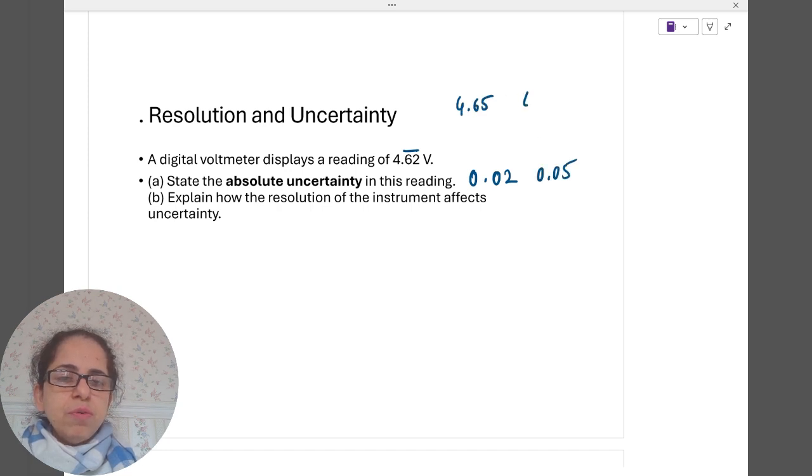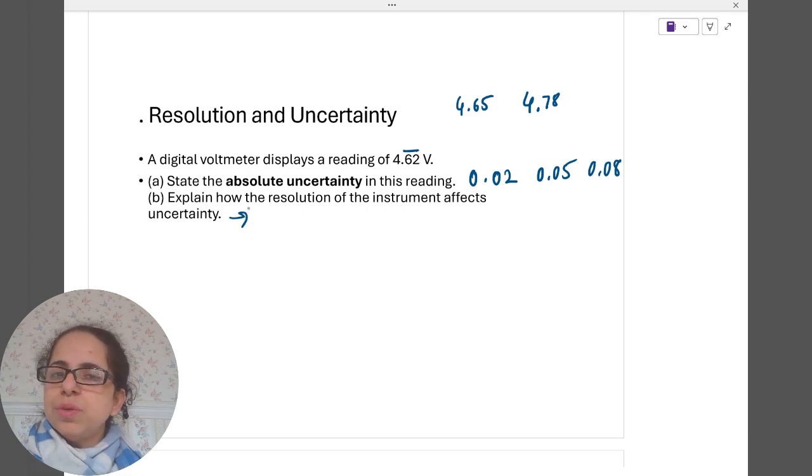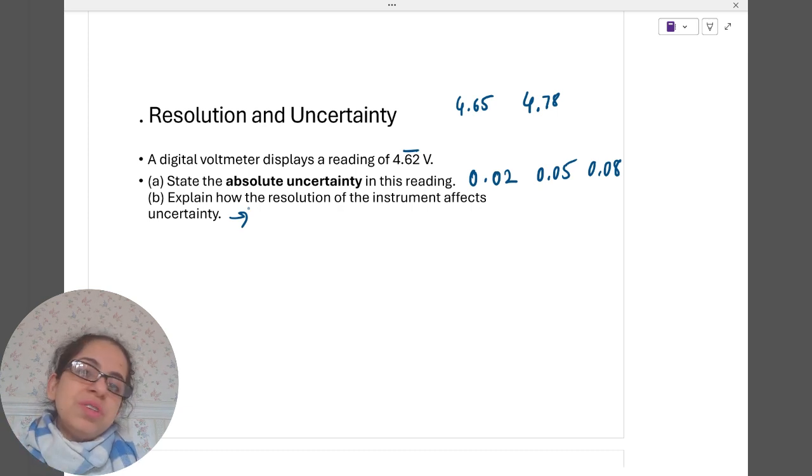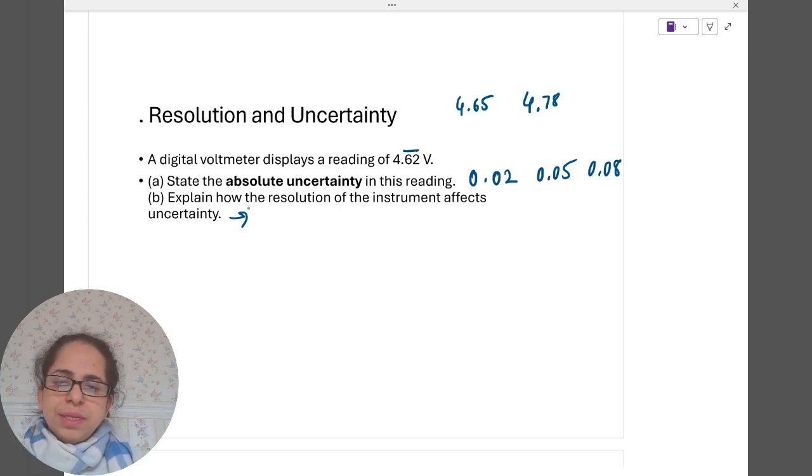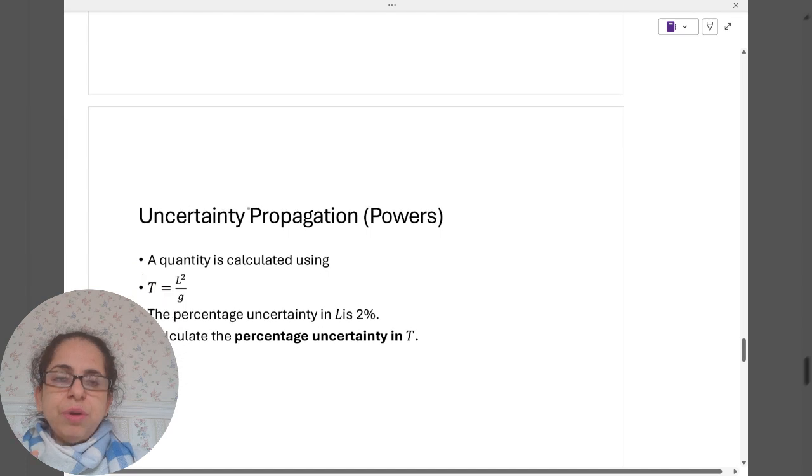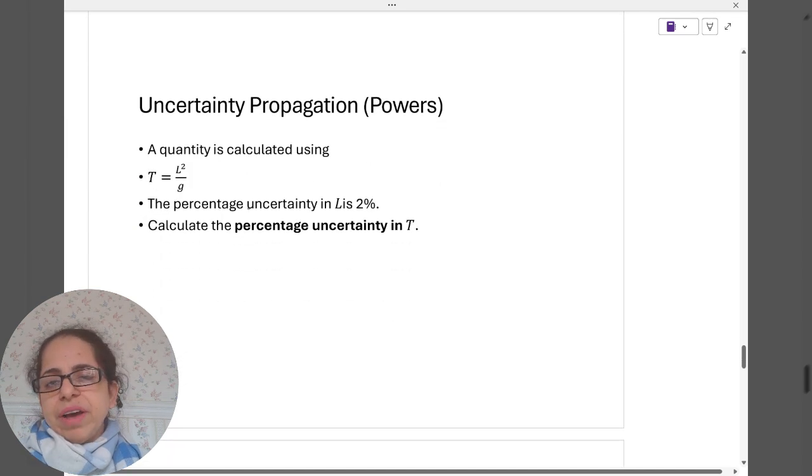If it gives you 4.78, 0.08. Do we get it? Okay. How does the resolution of the instrument affect it? The larger the resolution, the smallest possible value something can measure, the less is the uncertainty in your measured value or read value.